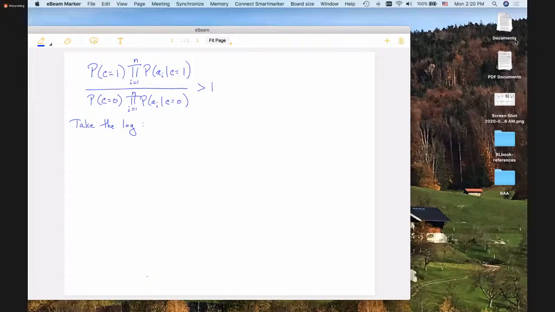And once we have done that, and I'm going to do this in 2 steps, we find it converts to this.